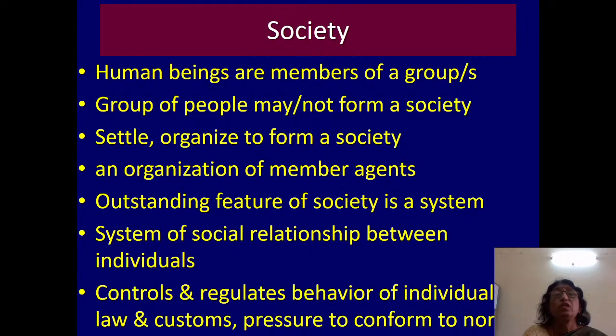Society. Society is formed by a group of people, and the groups are again formed by individuals. All individuals collectively form a group, and the groups form a society. It is an organization of member agents. And you all know, if you are in the urban areas, if you are staying in apartments, you have a society of your apartments.